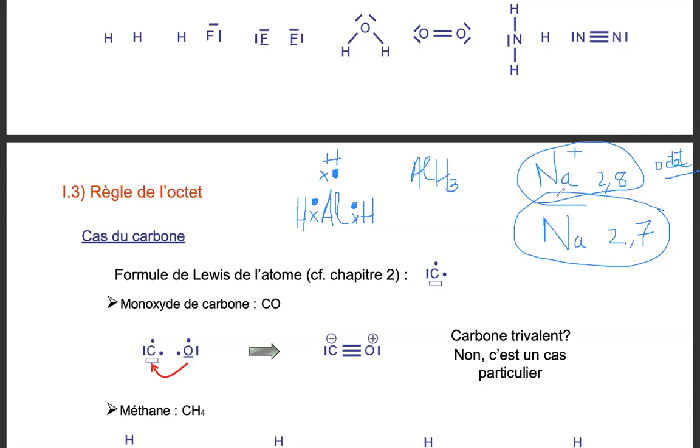As we are bonding with hydrogen here in a covalent bond, we don't complete it. Is that what you're trying to say? Exactly. That's what I'm trying to say. We are not completing it with the octet rule.